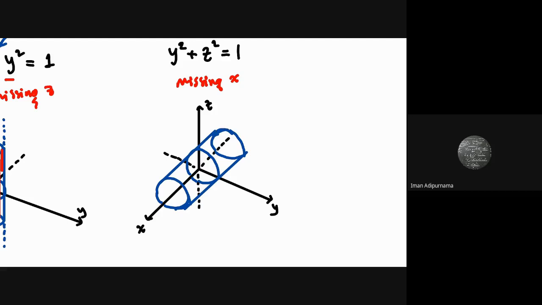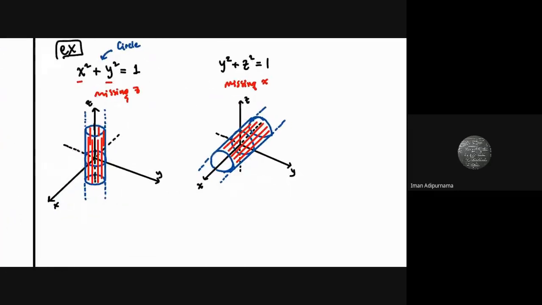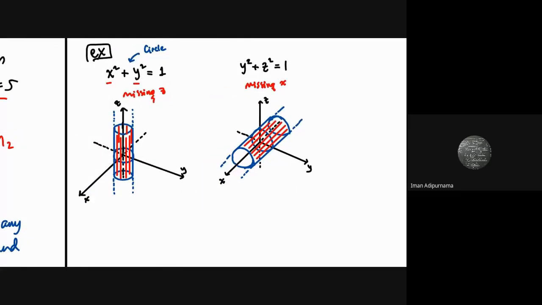Yeah, I hope it looks like a tube. So this has infinite points like that, and these are also the parallel lines that are in our definition of a cylinder. So this is our cylinder of y squared plus z squared equals 1. Okay, now we have two cylinders.